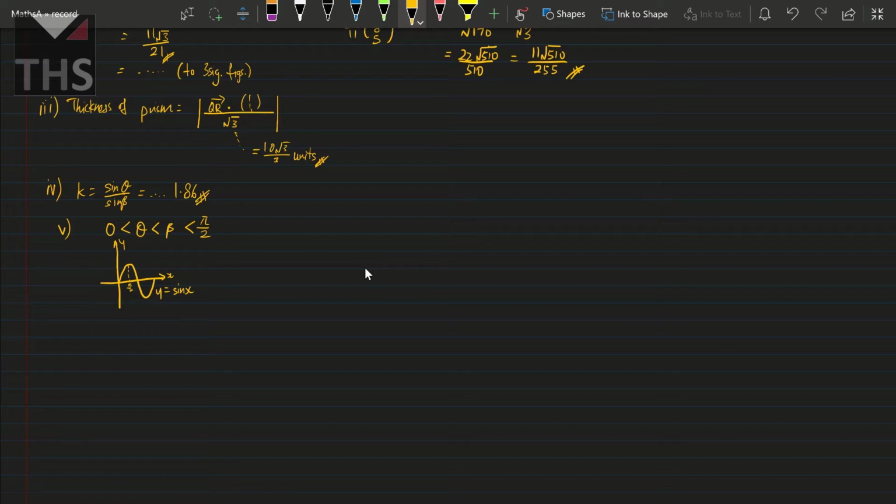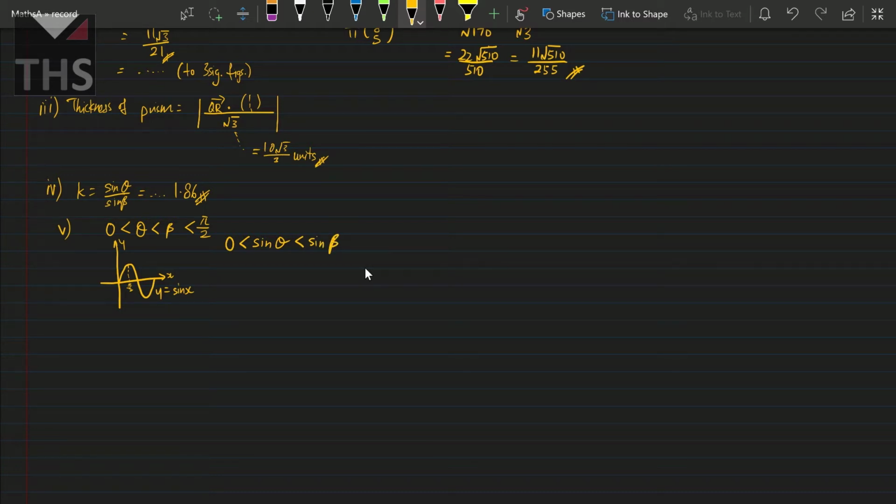Means sine beta will also be greater than sine theta. If the x value is larger, that means within the first quadrant the sine value is also larger. So 0 < sine theta < sine beta.